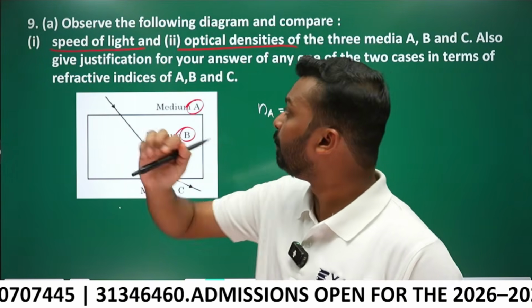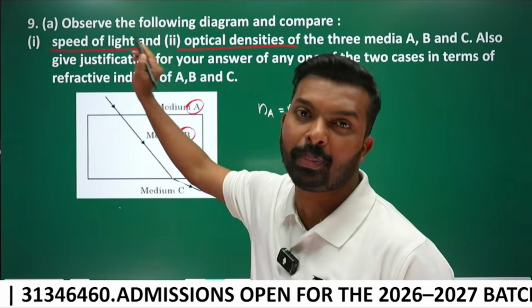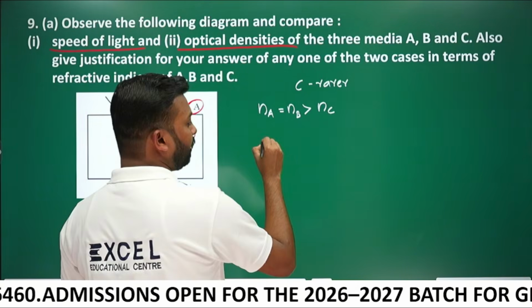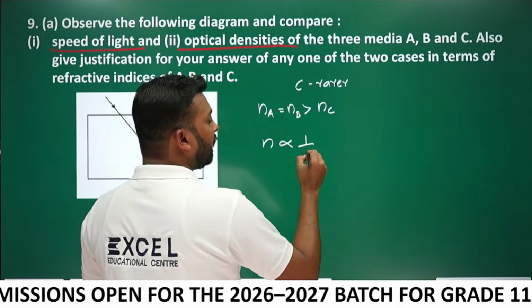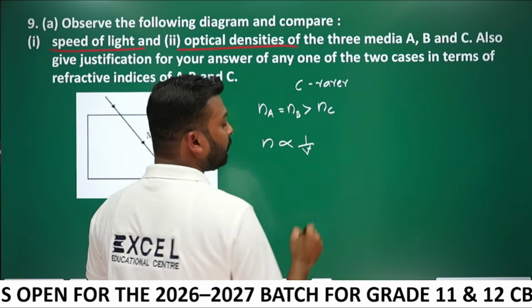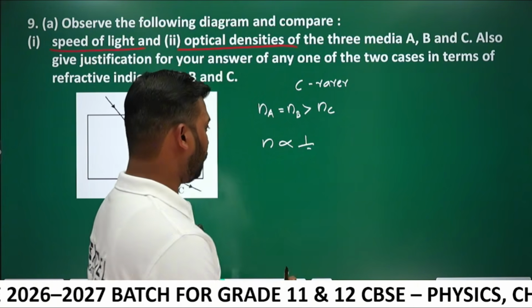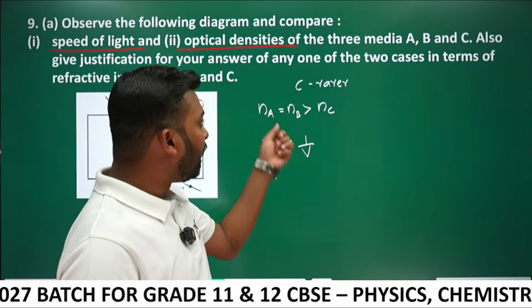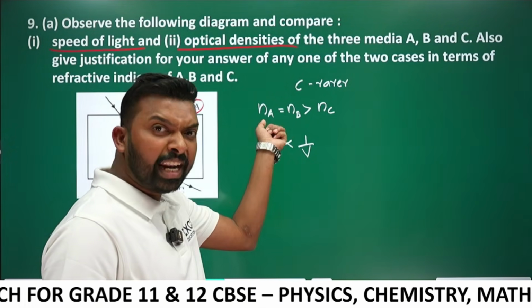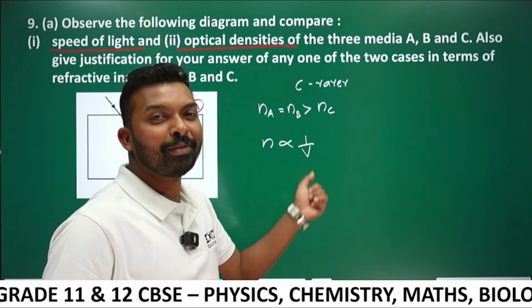But before that, we have the first question, which is the speed of light. N is inversely proportional to the speed of light. If the refractive index is greater for A and B, then the speed of light will be less for them.